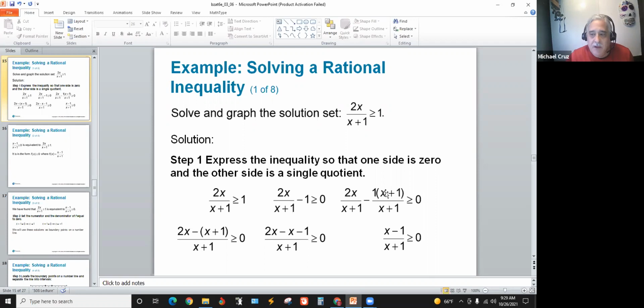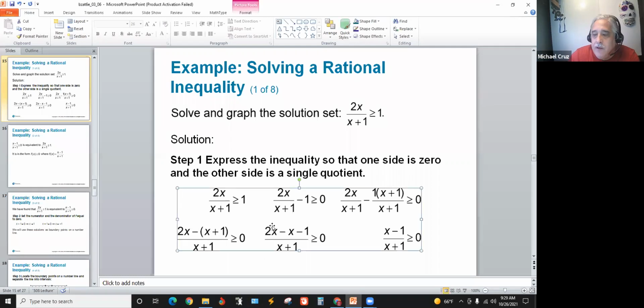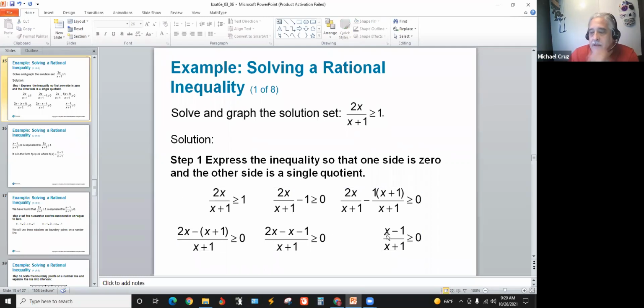You end up with 2x minus (x plus 1) over the common denominator of x plus 1. Now remember, when we subtract, we have to run that negative sign through everything there. So that's negative x and negative 1. And then we can simplify these. 2x minus x is x. And then we've got minus 1 over x plus 1.